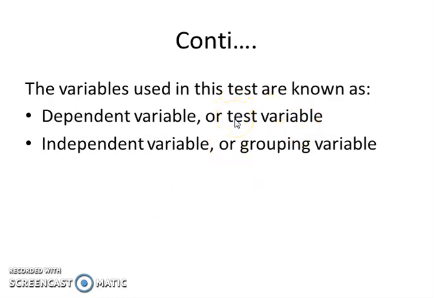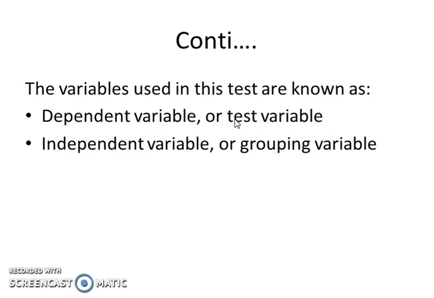The test variable, or dependent variable, should be scalar in nature, that means measured on interval scale or ratio scale. The grouping variable, or independent variable, should be categorical, measured on nominal scale, and the categories should be exactly two, like in case of gender, male and female.